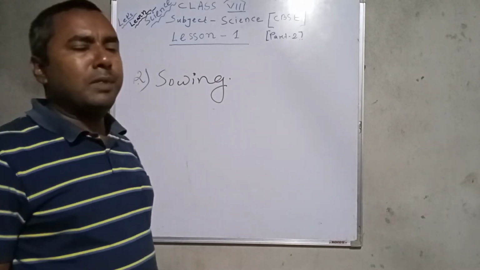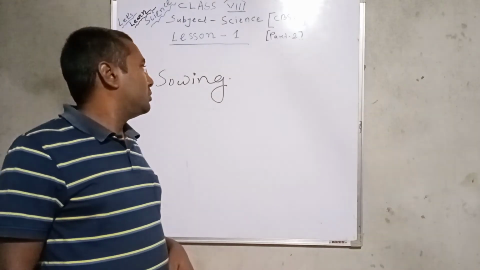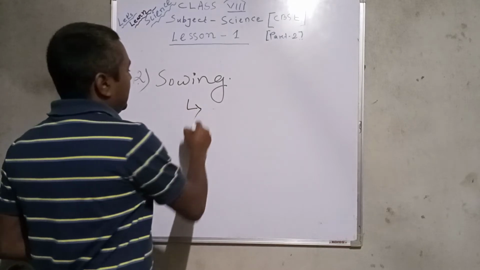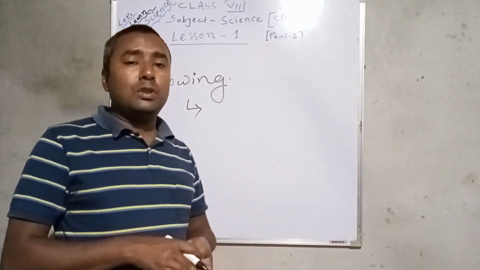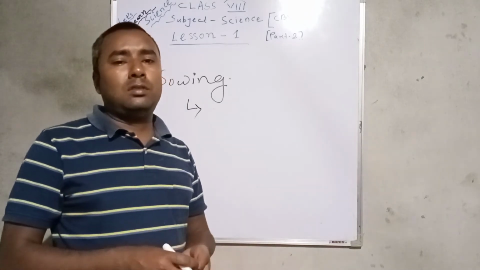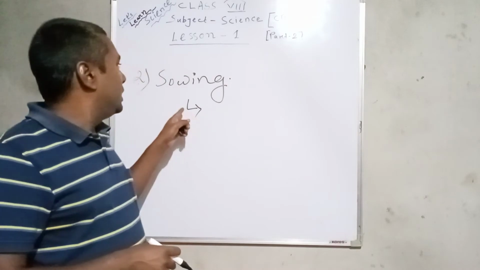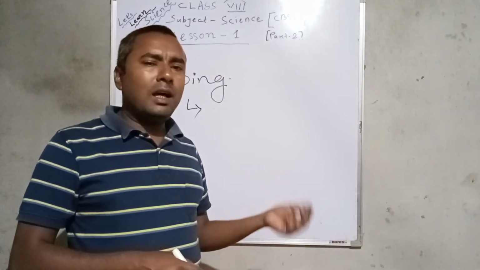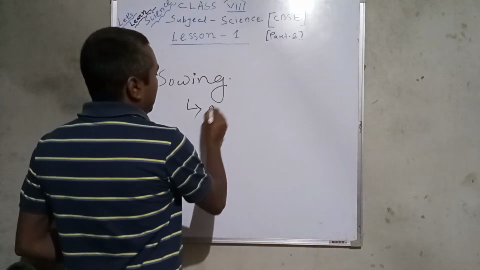I have given you the simple meaning of each and every agricultural practice in the last class. So sowing means scattering or planting of seeds in the prepared soil.